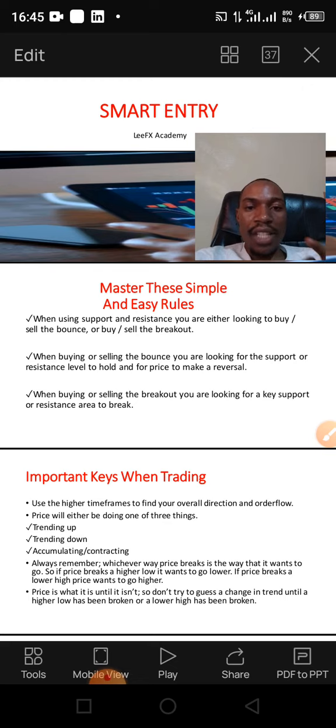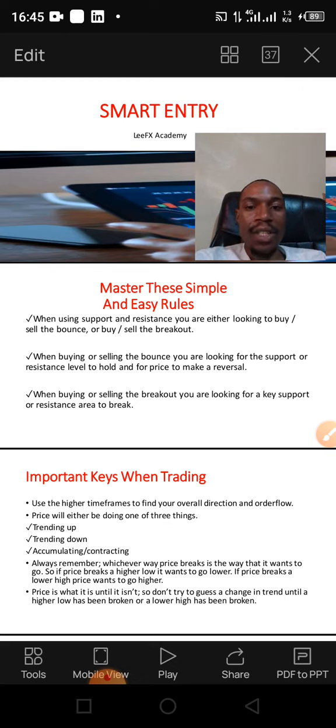On support your focus is to buy. On resistance, your focus is to sell.